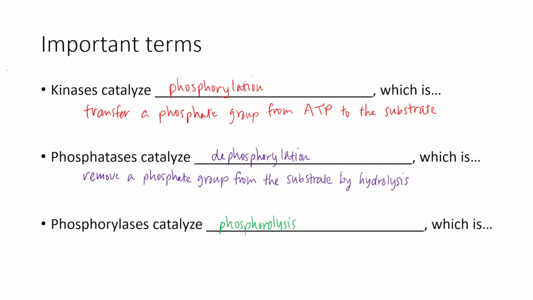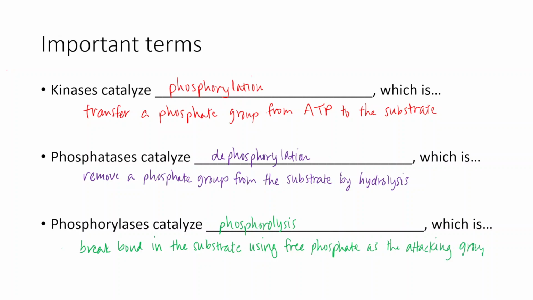So you're breaking a bond in the substrate using a free phosphate as the attacking group.